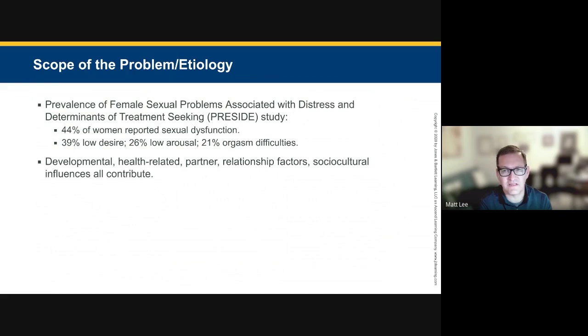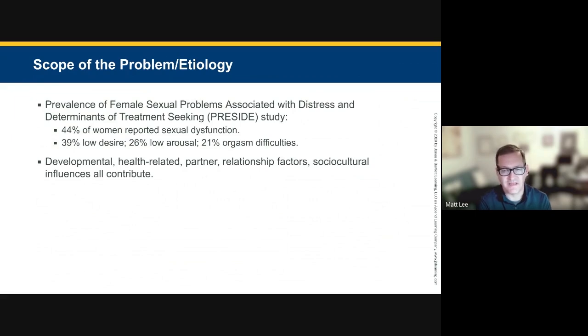There'll be times where this happens. And if we look at where it really clusters, desire is the most common sexual dysfunction. Low desire, sometimes termed libido. Low arousal and orgasmic difficulties are less common still. Let's talk about desire to start with, since it's the most common.